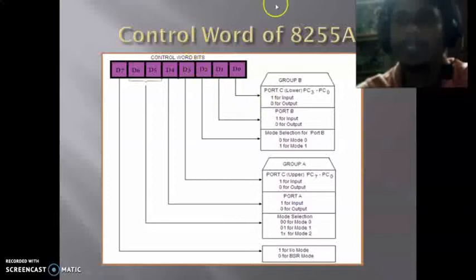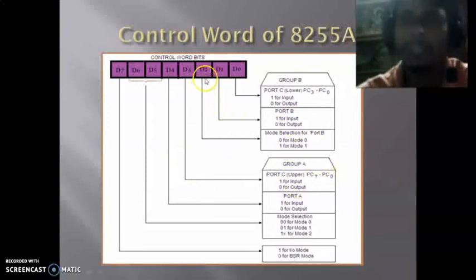So next is D1. This is for the specified bit for port B. If we write 1 here, then port B can be used as input, and if we write 0 here, then that can be used as output. Next is D2, that will select the port B mode. So port B can be used as mode 0 or mode 1.